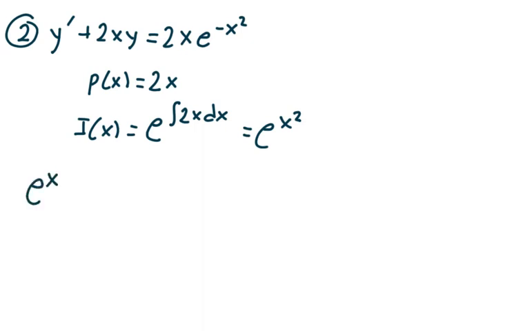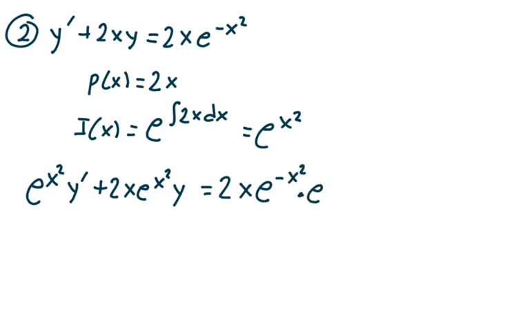So e to the x squared y prime plus 2xe to the x squared y, that's the left side. On the right side, I get 2xe to the negative x squared times e to the x squared. So it works out really, really slick.